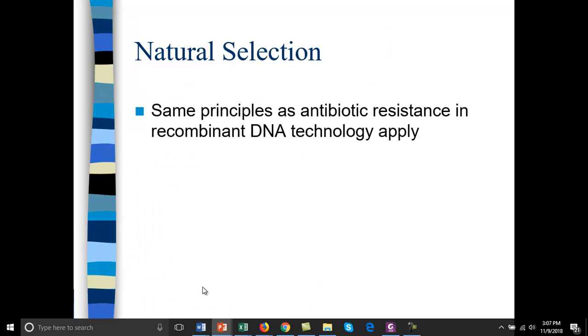Okay, and you also have to look at the fact that natural selection applies to antibiotic resistance. We use natural selection to get recombinant organisms and proteins, but the same principle applies here.